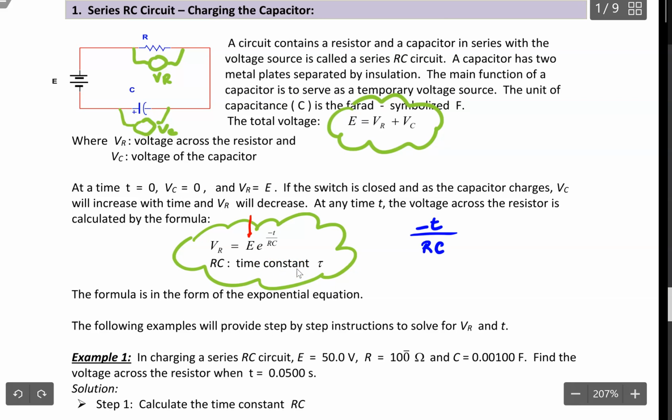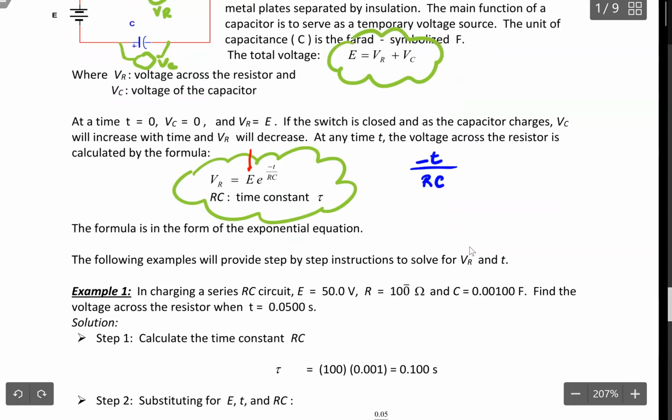So if you take the value of your resistance and multiply it by the value of your capacitance, ohm times farad, in this case that is defined as seconds, the time constant. Okay, so keep that in mind. The value that you divide into the time will cancel out the unit, and you take that number as the exponent of your e.